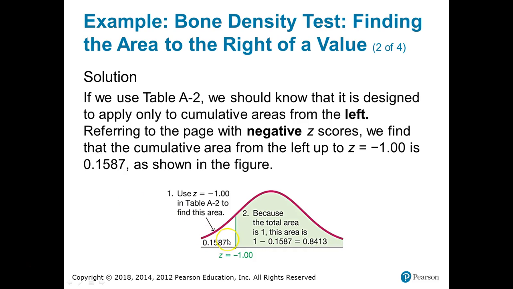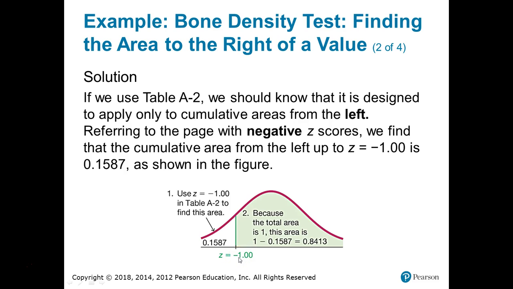The table is going to tell you what's below it. So the table is going to give you the area of this white shaded region. I don't want the area of the white shaded region. I want the area of the green shaded region. So all you have to do is get the area of the white shaded region and then do 1 minus that value. And then that will give you the area to the right of your z-score.